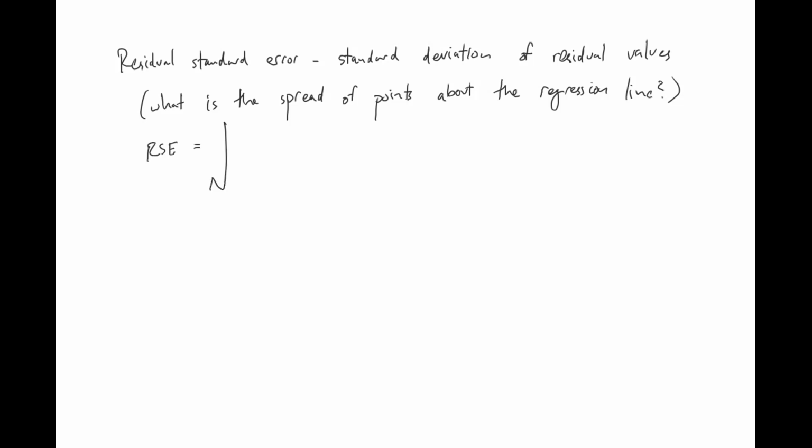The equation for this, which you don't need to memorize, but for your reference, is 1 over n minus 2 times the sum of my residuals squared.